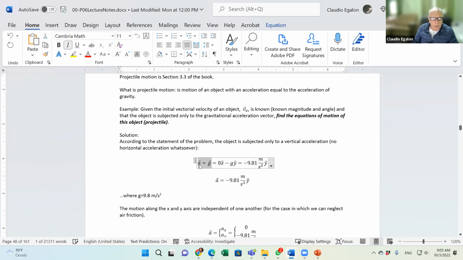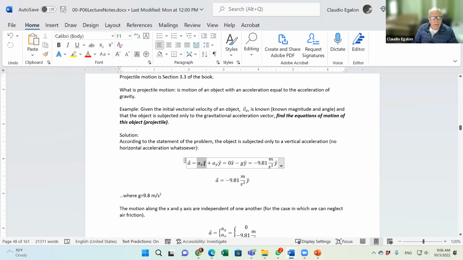Acceleration of the object is equal to AX, like every AX in the X hat direction plus AY in the Y hat direction, okay? I'm not going to put G here. Yeah, I'm going to leave it this way.